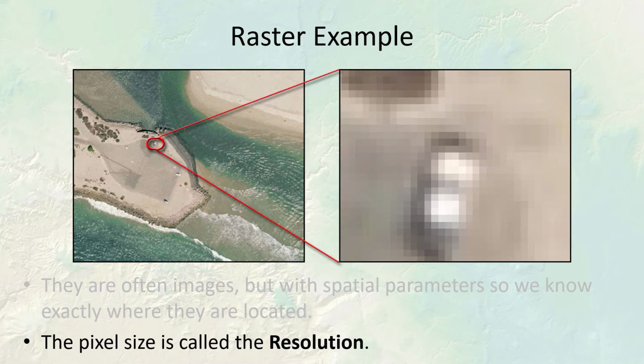Notice also in this image that each pixel has a solid color in there, but the pixel is only kind of a rough estimate of what the value is at that location. This goes back to what I said about the difference between vector and raster data based on precision. Vector data is highly, highly precise. Raster data is only a rough estimate of the value within each pixel. And the value of that pixel should not be understood to be the exact value at any point on the landscape.